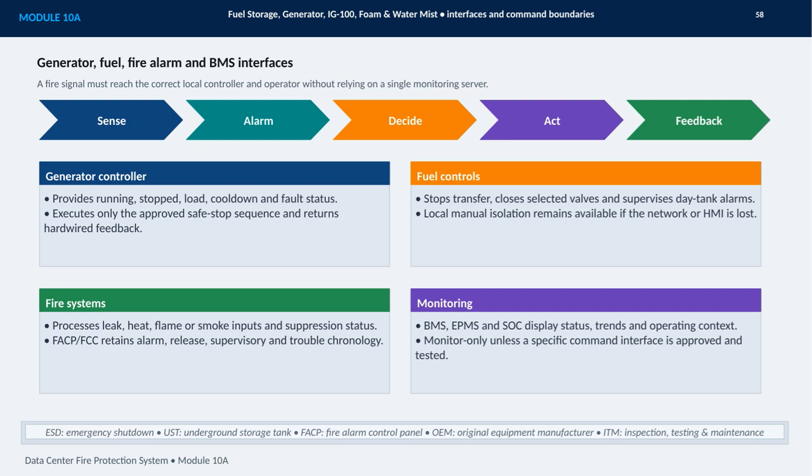BMS, EPMS, and the SOC provide status, trends, and operating context, but they are monitor only unless a command interface has been specifically approved and tested. The principle is simple. Local systems act safely, while supervisory systems display and coordinate within clearly tested limits.